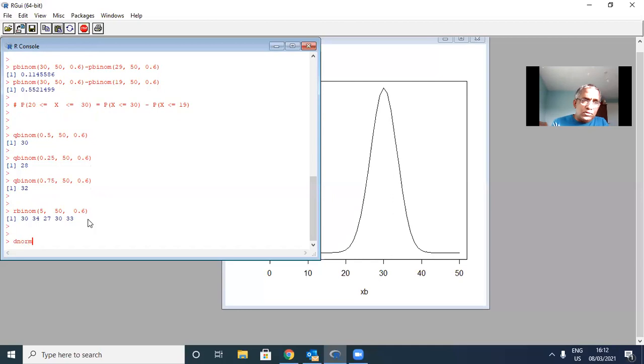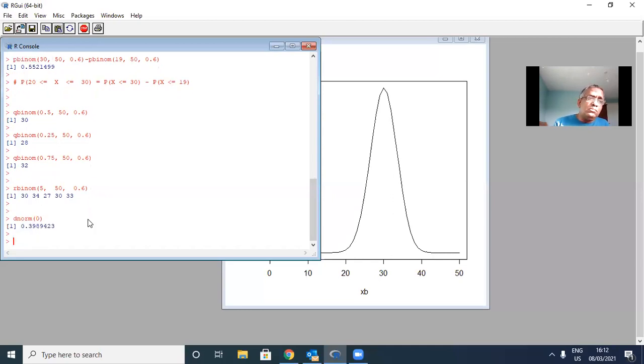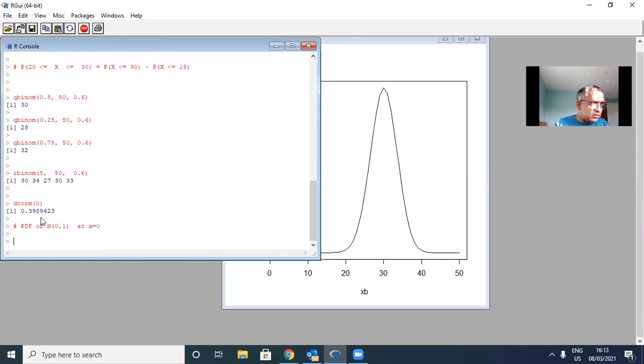So for example, the command dnorm will compute the density of the normal distribution at x equal to 0. dnorm computes the PDF of the standard normal distribution at x equal to 0.